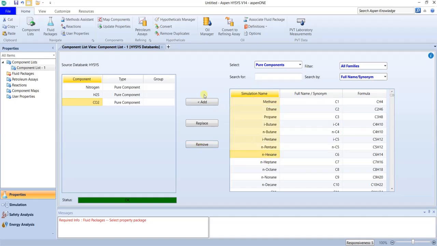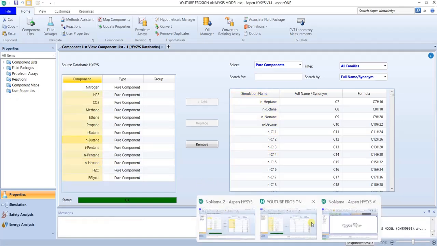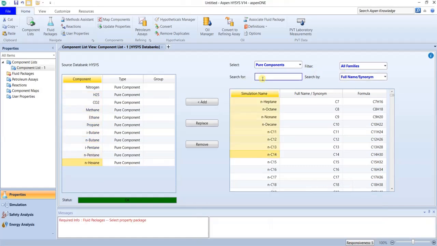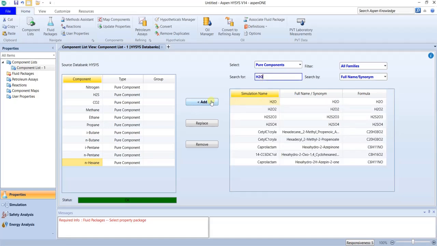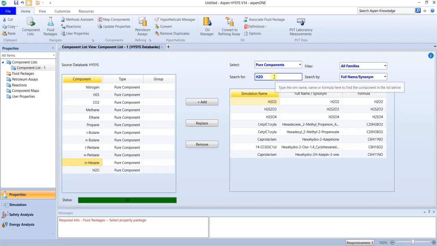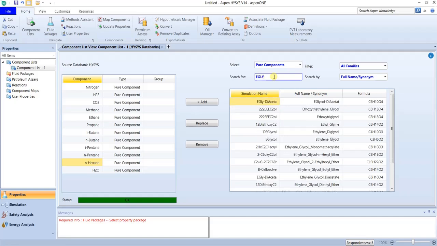Yes, so I'm adding all of them together. Next we have H2O and ethylene glycol, so we can add those. H2O and ethylene glycol. Okay, we have that here.